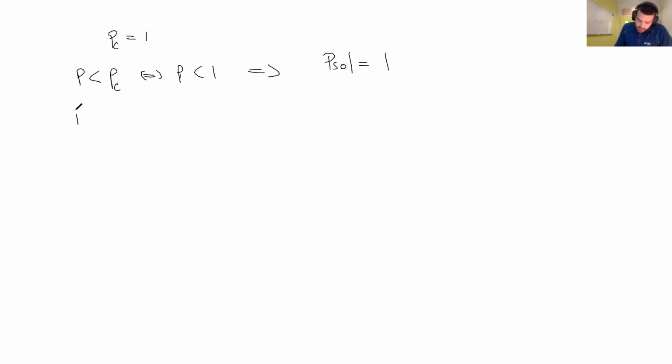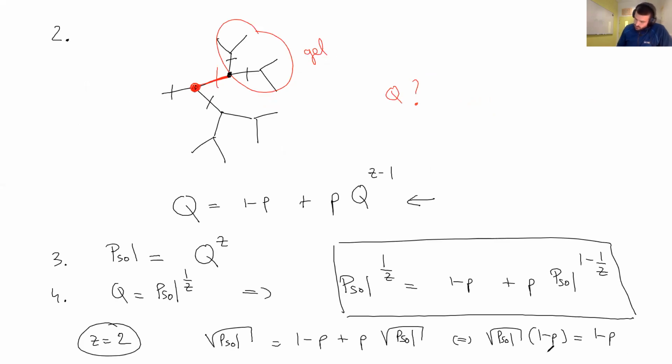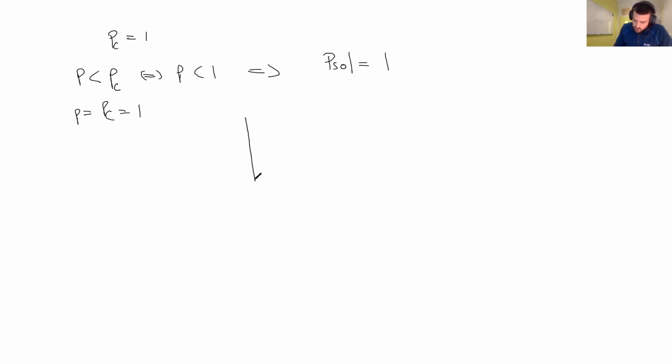And now if P is equal to PC equals 1, then you see that those two cancel, and so any sol fraction is allowed. In fact, it's undetermined. If I plot P sol, it will be something like this: 0 is here, PC equal to 1 is here. And so you will have basically this stuff, with the exception of that final point, and then suddenly an undefined value because it should reach 1.